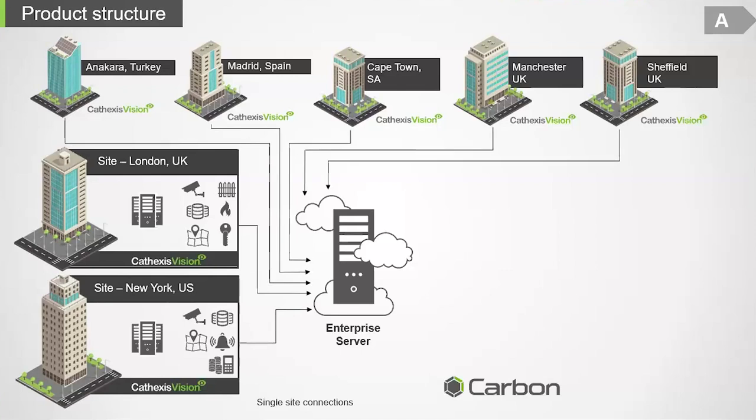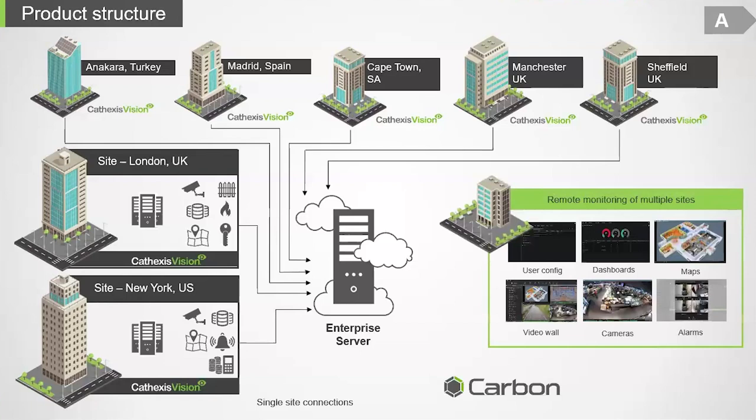The other product that we have available is Enterprise. So Enterprise is almost like an ultimate solution. It gives you that same functionality as a multi-site, where you can view multiple sites, but it also gives you higher level functionality in terms of dashboards, in terms of asset lists, and many other features.